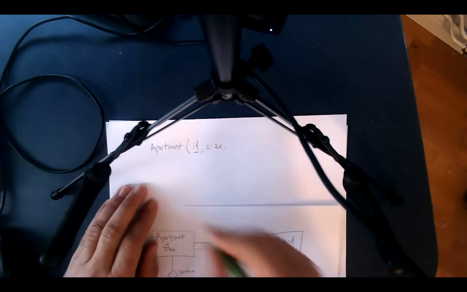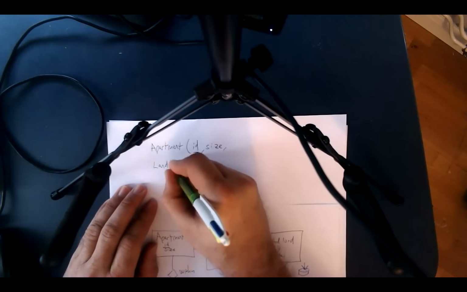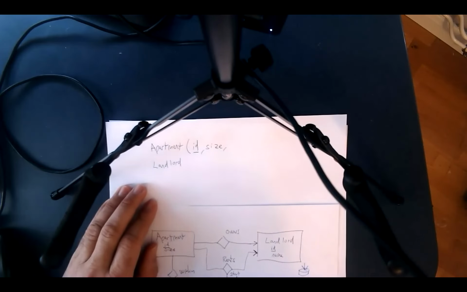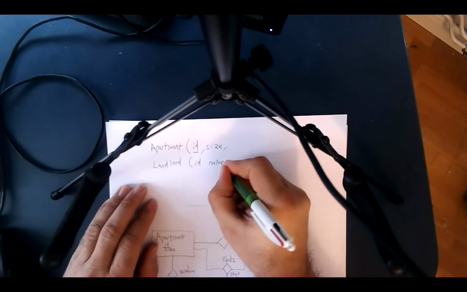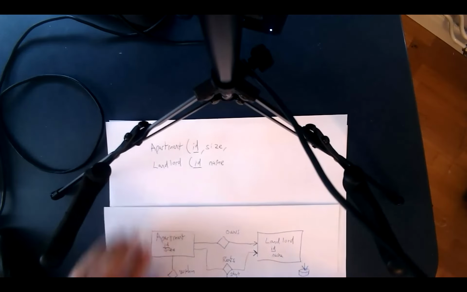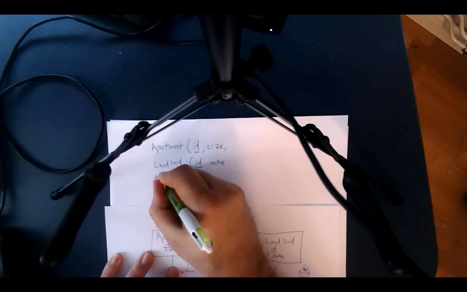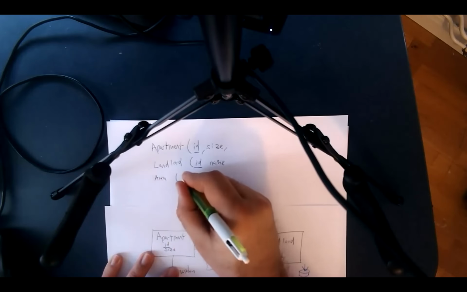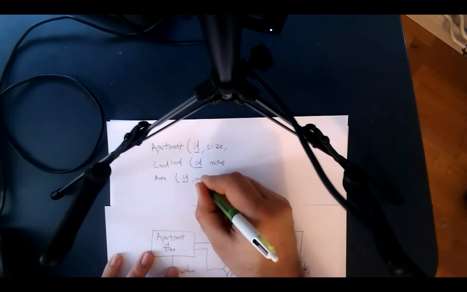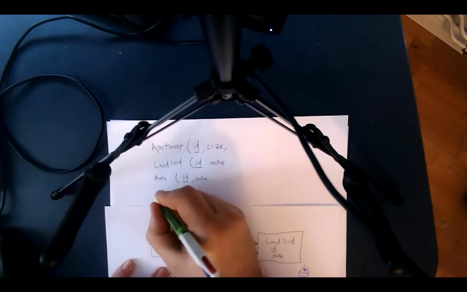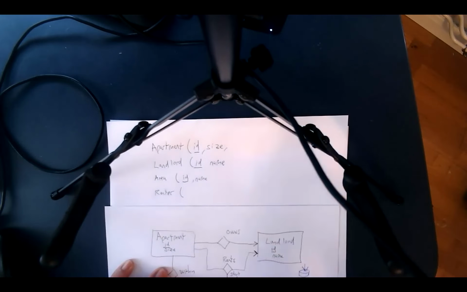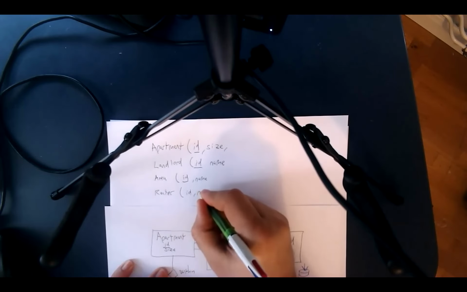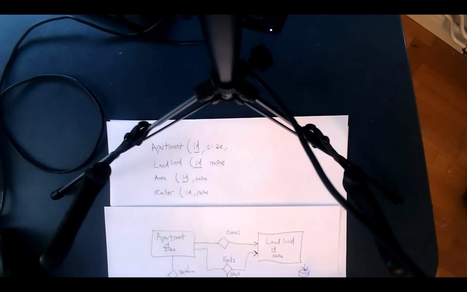We're going to have a landlord, and the landlord is going to have an ID and a name. We're going to have an area, and the area is going to have an ID, primary key, and name. And we're going to have a renter, which is going to have an ID and name.